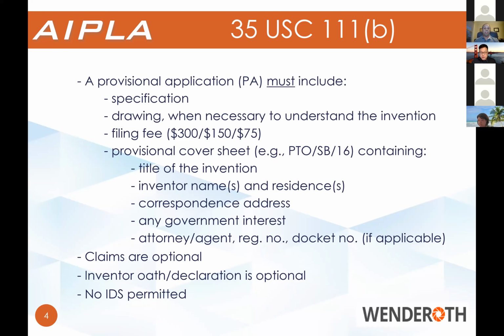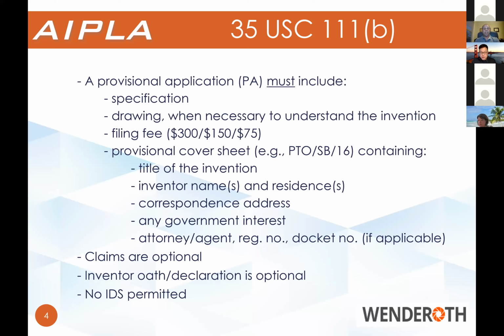You also need a provisional cover sheet, and that can be this form SB 16. And the cover sheet must include the title of the invention, the inventor's names and residences, correspondence address, and any government interest, if it's applicable, which it usually is. You need to have the attorney, agent, and registration number and docket number, if there is one, if there is an attorney or agent.